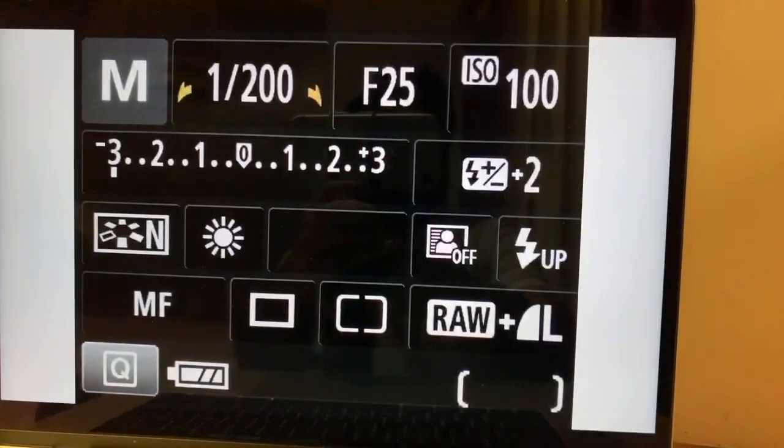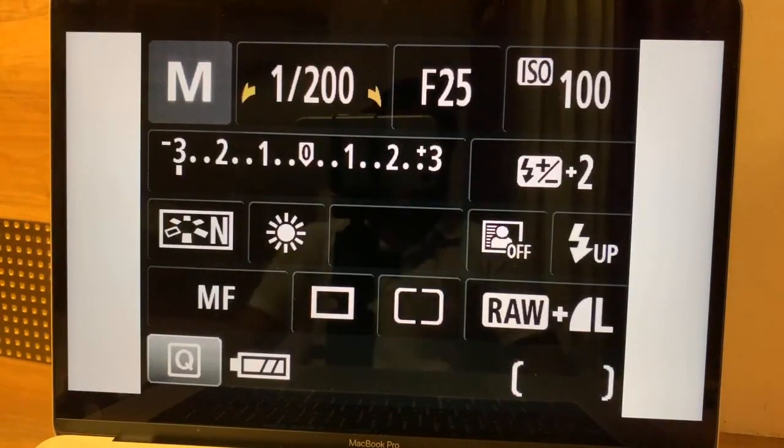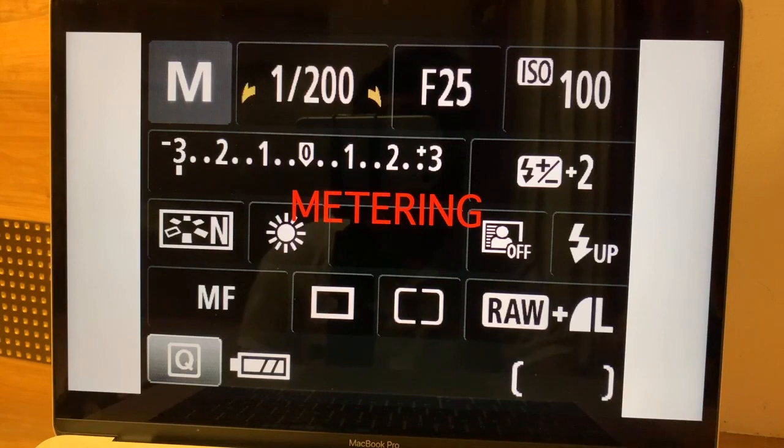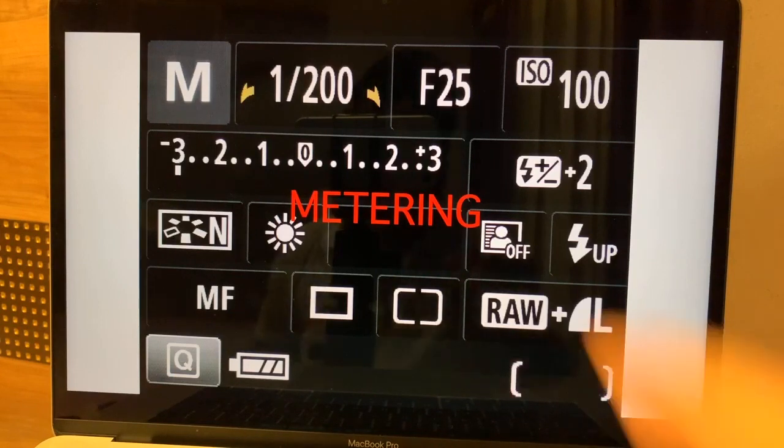Metering is like the camera is telling us if our image is going to be good or bad before we take the image itself. All right, what do you mean by that is this. I'll just show it to you, just hold on for a second.